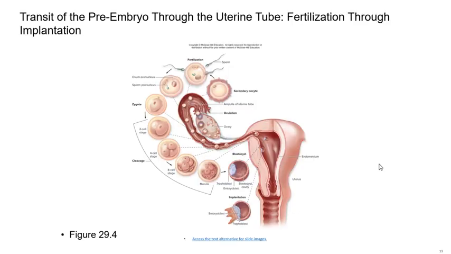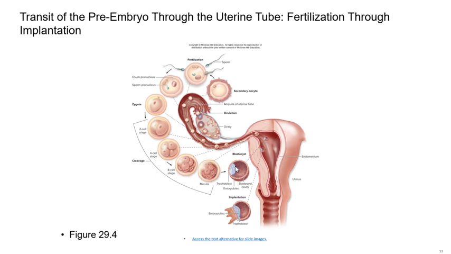So here you can see a progression through essentially what we've talked about up to this point, right? So fertilization. Again, our two gametes, sperm and egg. We have fertilization. We have our zygote, the uniting of our two nuclei. So two haploid nuclei produce our first diploid cell. We go to 2 to 4 to 8 to 16. 16, we call that a morula.